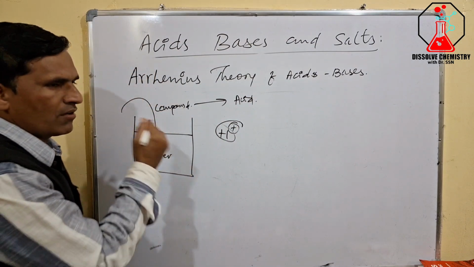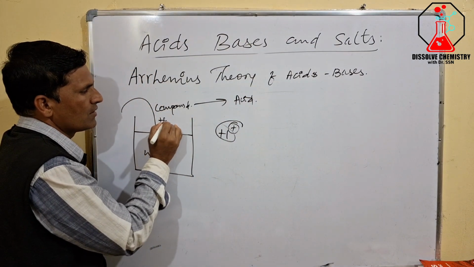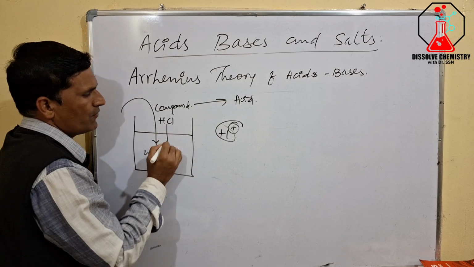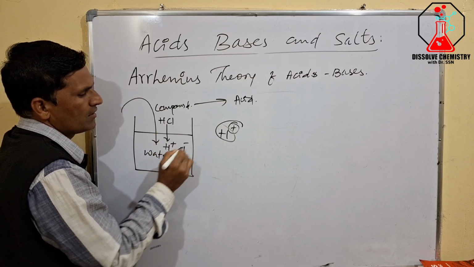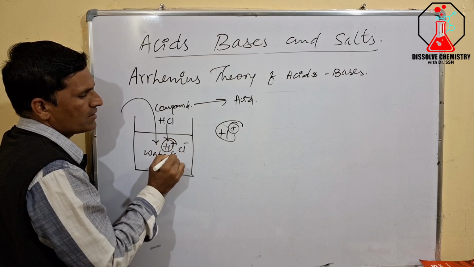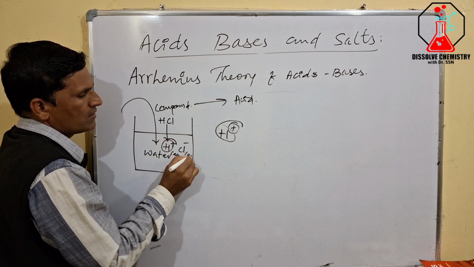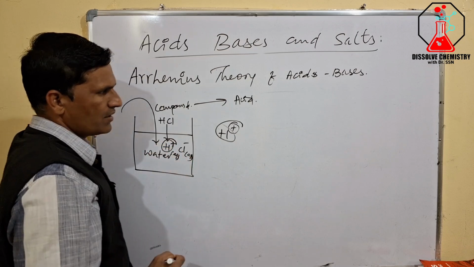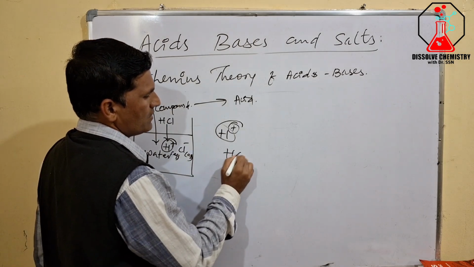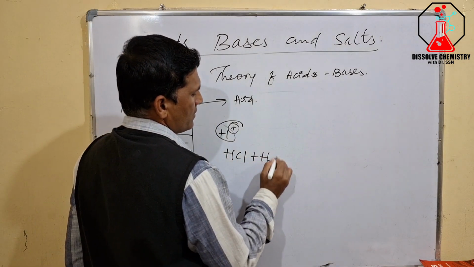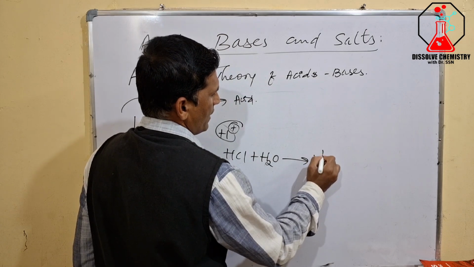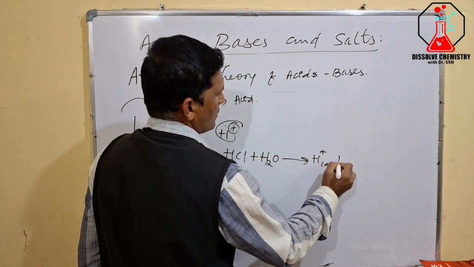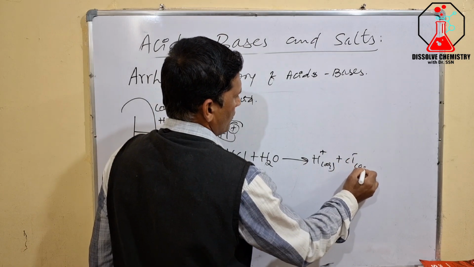For example, take the compound HCl. If you bring this HCl in contact with water, or dissolve it, what you will be getting is H plus aqueous and Cl minus aqueous. So here we write HCl plus H2O gives H plus aqueous plus Cl minus aqueous.